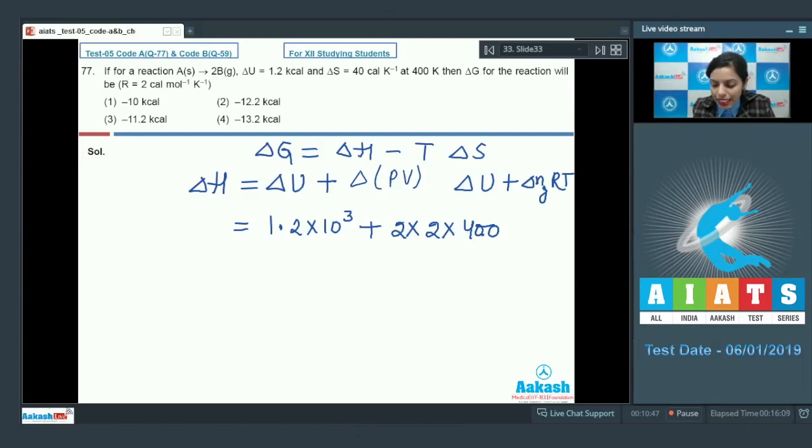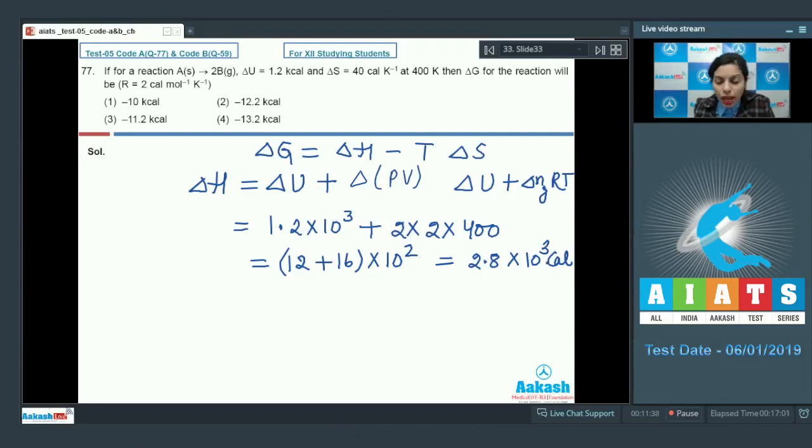So it would become 1600, and this is 1.2 into 10 to the power 3. On solving this, you will find out it is 12 plus 16 into 10 raised to the power 2, that is equal to 2.8 into 10 raised to the power 3, and this value is in calories.